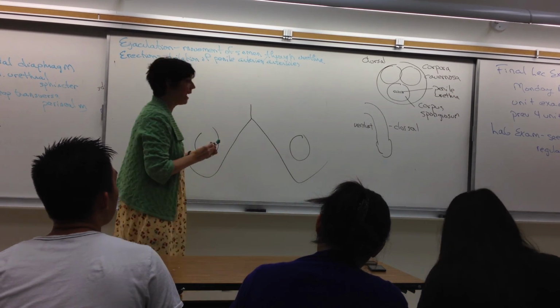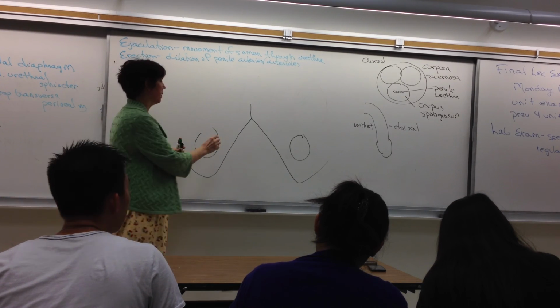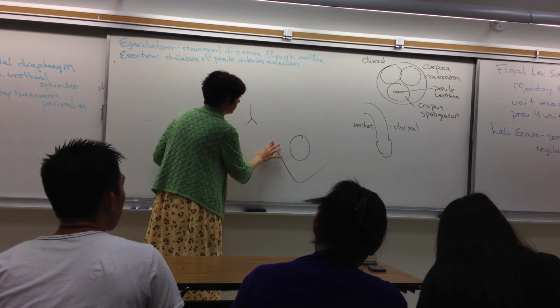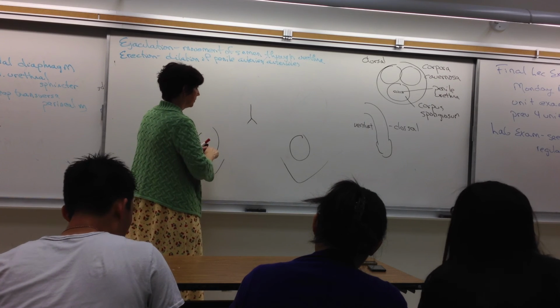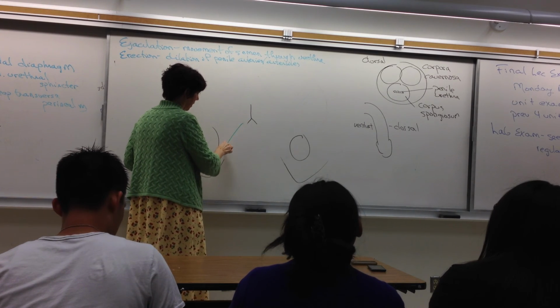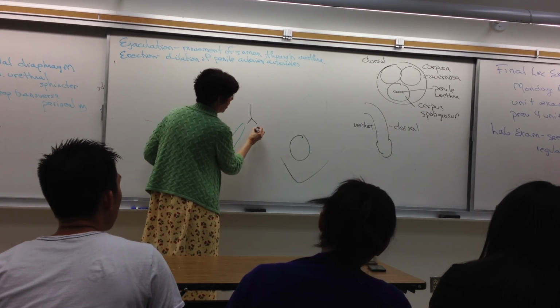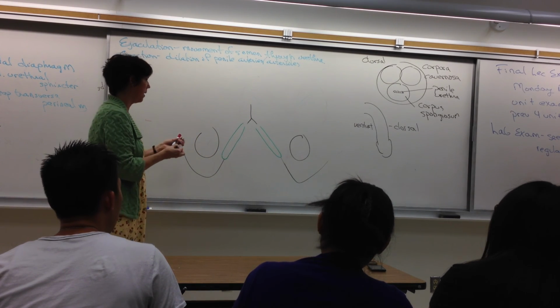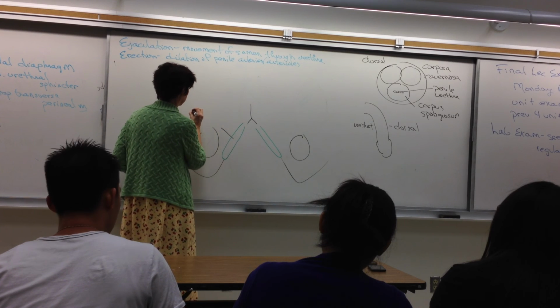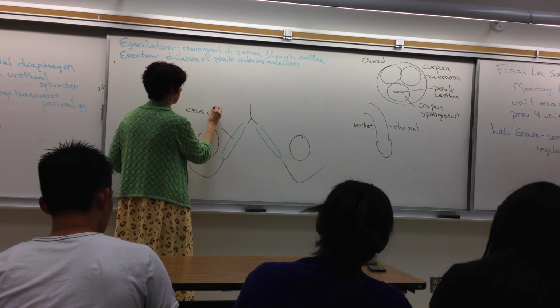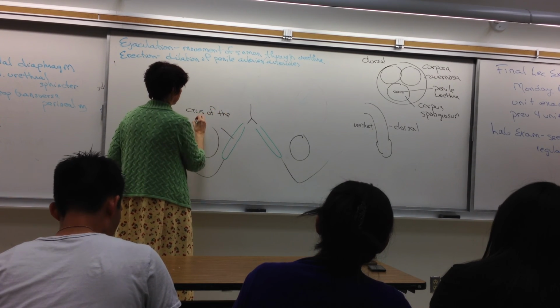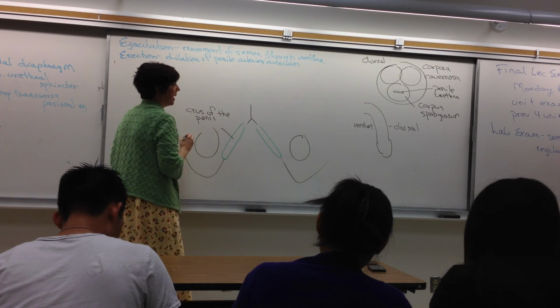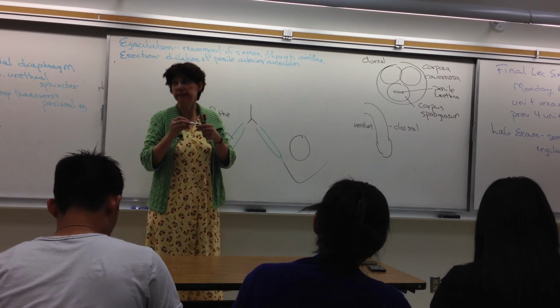Okay? So now if we look at the corpora cavernosa, where it's still attached to bone, so along the rami, this part where it's still attached to the bone is called the crus of the penis. Two of them are crura.